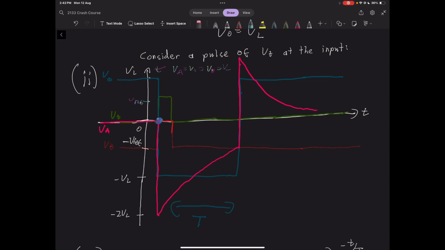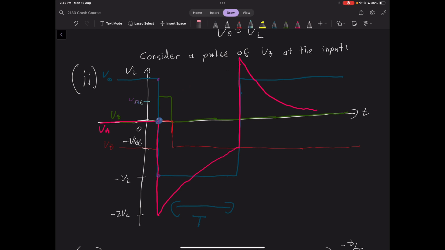Once we spike VB to a point greater than V reference, it's going to jump and be higher than VA, which will cause V minus to be greater than V plus, which will cause the output voltage at this point to drop down to the negative saturation voltage down there.